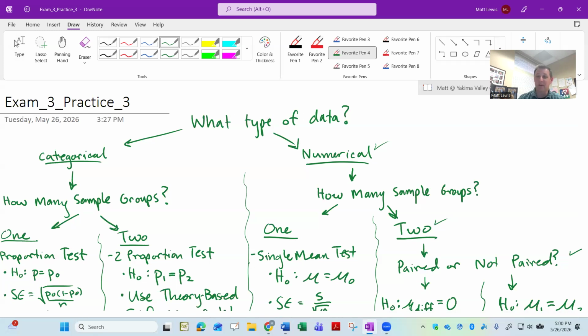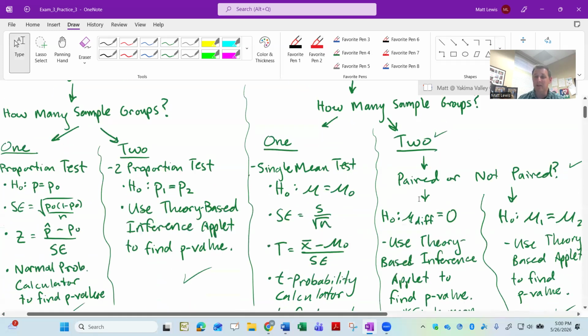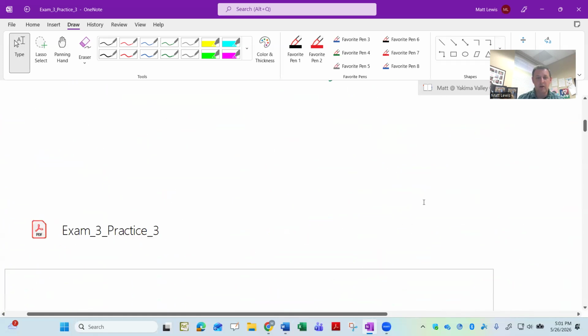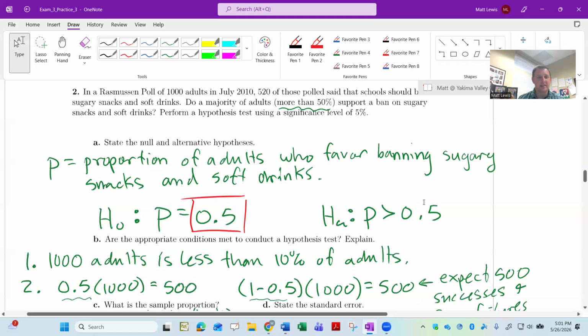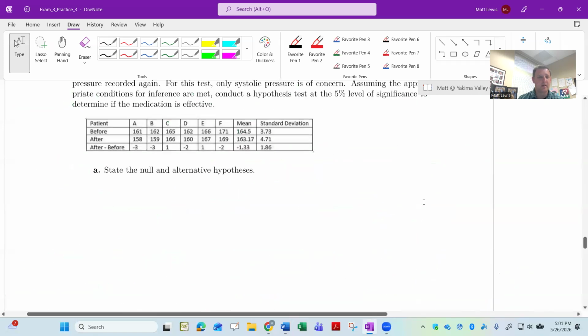Are they paired or not paired? Well, here's where it does make sense to pair them because it's the same people. Their blood pressure is being measured before and after, right? So we know we're doing a paired data test now. Okay, so that means our parameter value is this mean of differences, right? Between before and after.